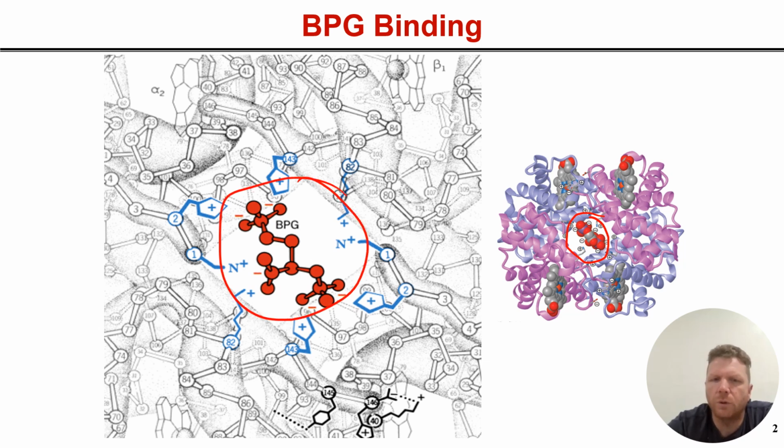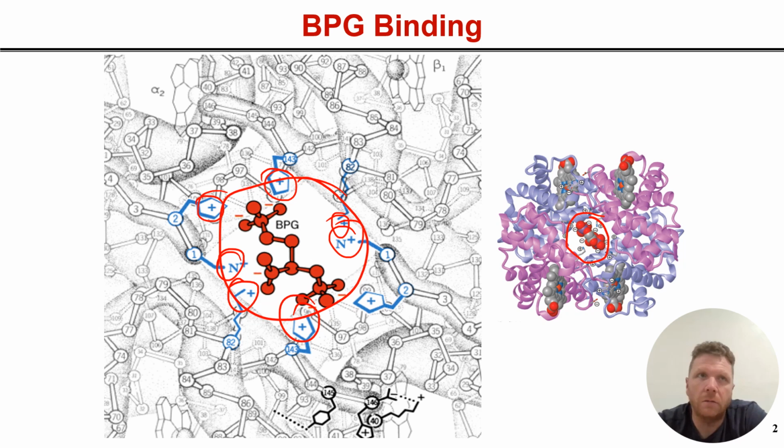And here what we're doing is we're looking at a specific molecule known as BPG, or bisphosphoglycerate. BPG is a significant molecule. On an atomic or molecular level, it's going to have a series of charges that coordinate with these positive or partial positive charges within our hemoglobin.